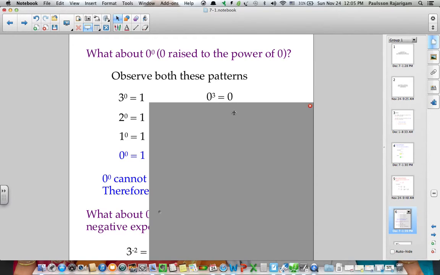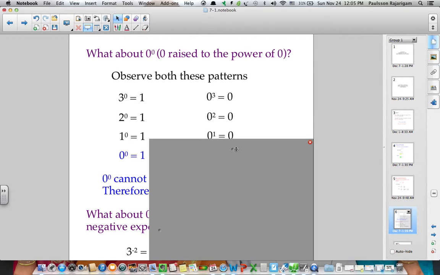0 to the power of 3, which is nothing but 0 times 0 times 0, is 0. And if you follow that sequence, 0 squared is also 0. 0 raised to the power of 1 is also 0. And 0 raised to the power of 0 equals 0.